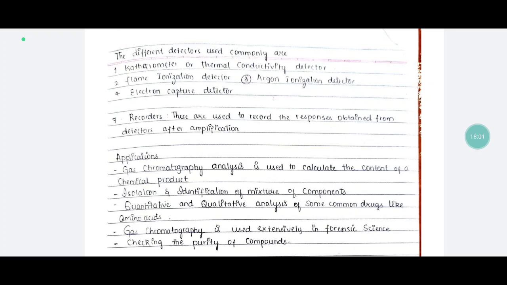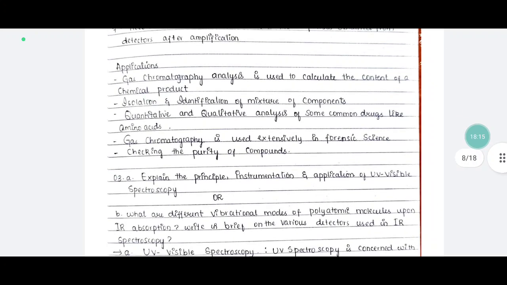Gas chromatography is used extensively in forensic science and in checking the purity of compounds, where quantitative and qualitative analysis of some common drugs, amino acids, etc., are applications of gas chromatography.